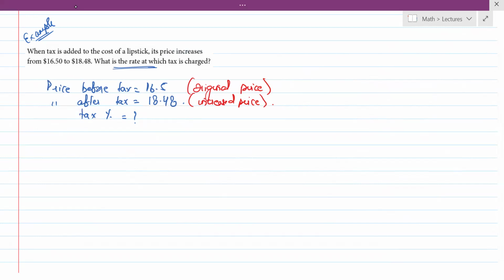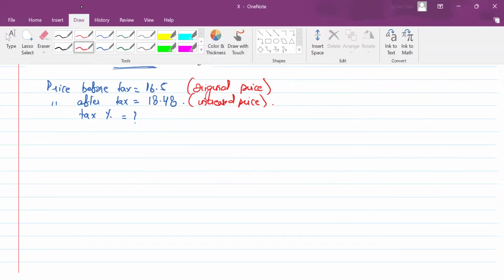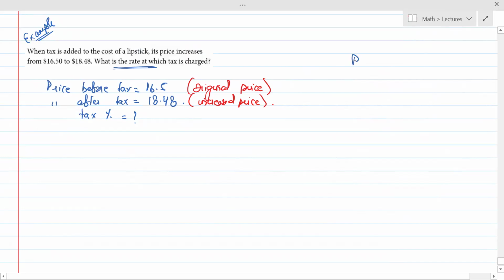So here again, we can go for the application of the ratio method. If you don't remember the ratio method, then please refer to my previous video about the ratio method. Otherwise, for the ratio method to be applied, the two quantities here are price against the percentage.